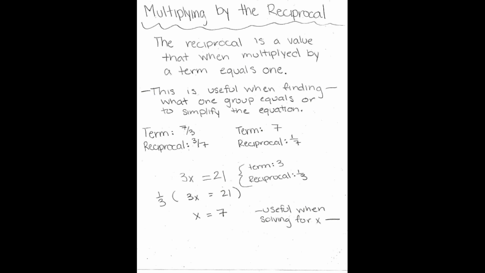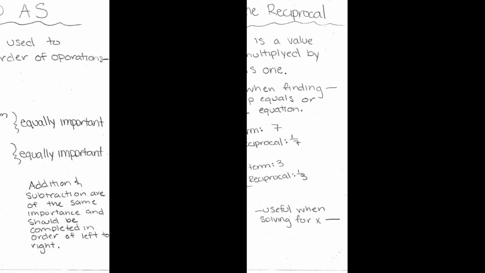When we do that, we end up with x equals 7. We have distributed that 1/3 to the 3x and to the 21, which will simplify to x equals 7. This is extremely useful when solving for a variable.